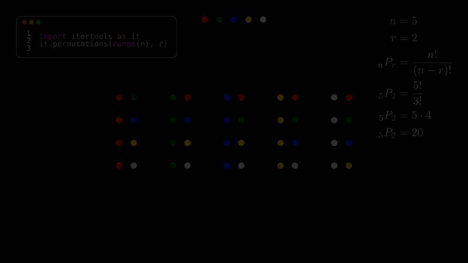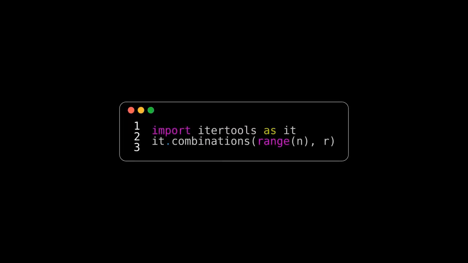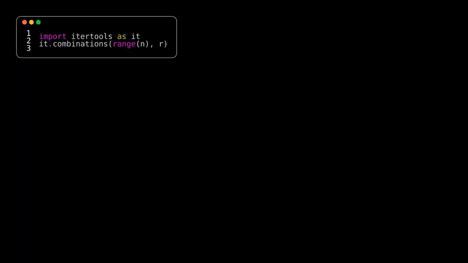Next one we're going to look at is combinations. And here is the function in Itertools called combinations. And we have a range again, so it's from that range. You're going to choose r items. Okay, so we've got our 5 dots.